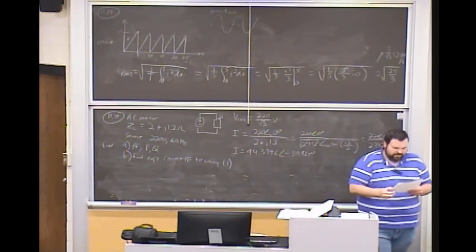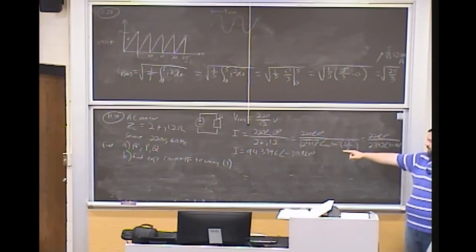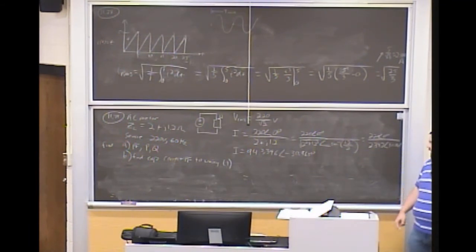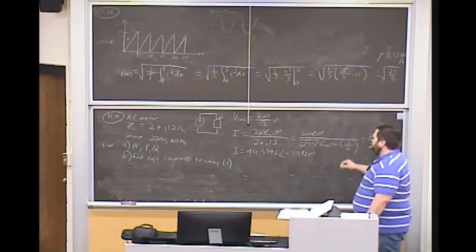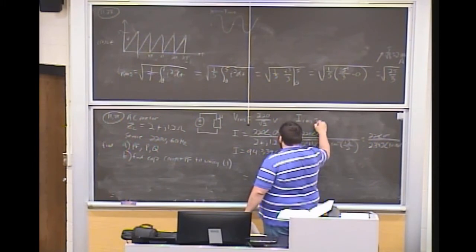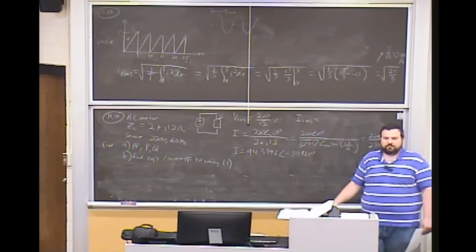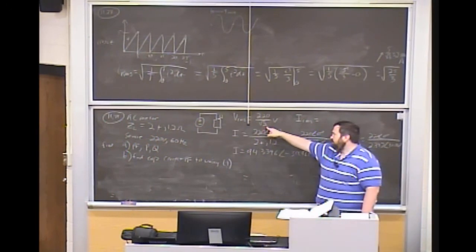Now this is still going to be a sinusoid, so I can find IRMS. IRMS is just going to equal this amplitude over square root of 2.